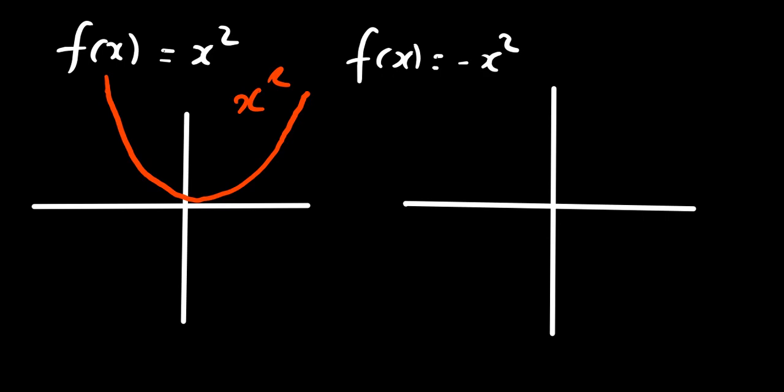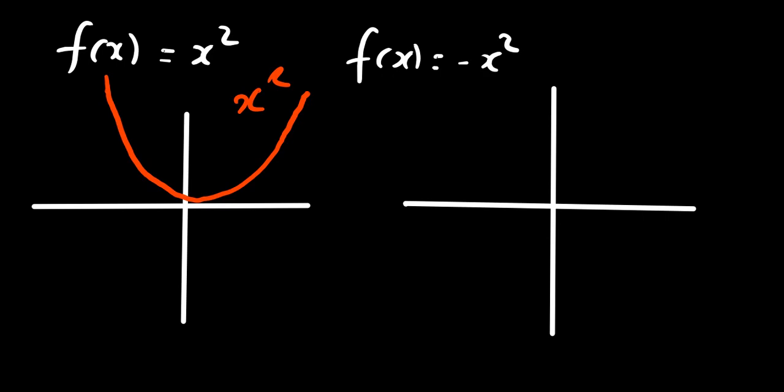What about if you're asked to find f of x is equal to negative, let's say, x plus 2, let's also square this one. Okay, so what are you going to have? Now you're able to see that even in this case, your graph has been shifted by 2 units.